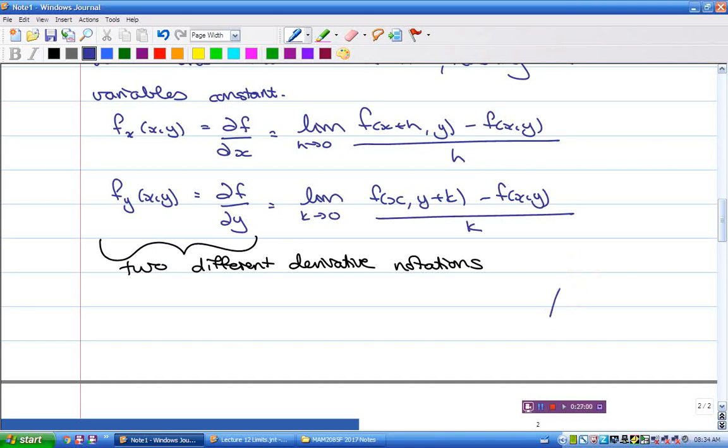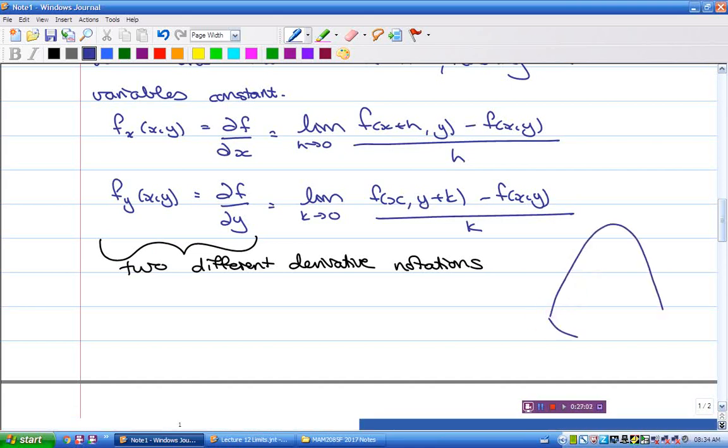Okay, let me demonstrate. Let me draw a paraboloid. Here's a paraboloid. There's my z-axis. Let's say I'm standing at a point. I'm standing over there on the paraboloid.